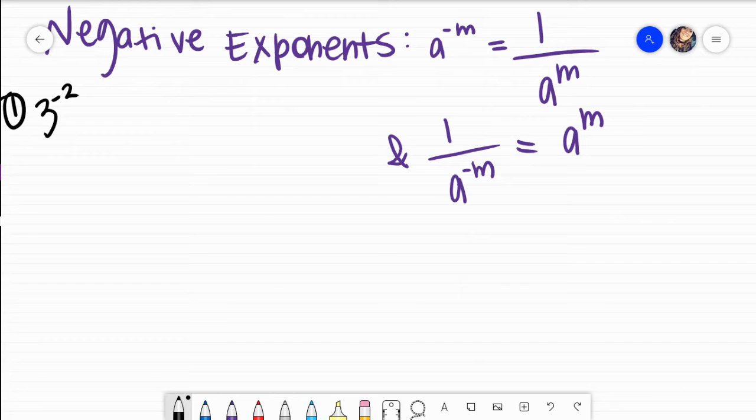They'll all take a different amount of steps for everybody. There's no just one way to solve these. But once you believe you've finished your problem, you are actually not done if anything still has a negative exponent. Okay, so a correct answer will never have a negative exponent in it. If you see this and it tells you to evaluate it, you cannot enter that into your calculator.